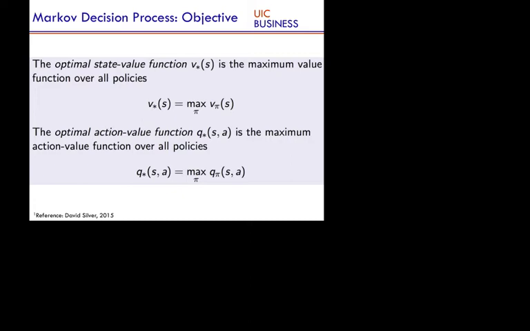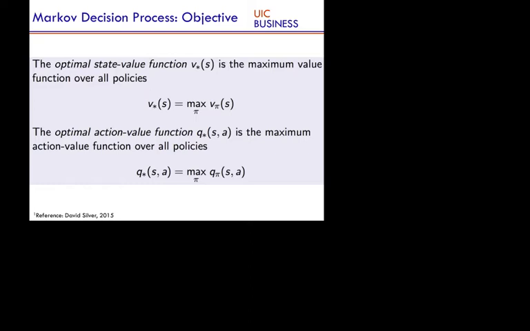Remember, V pi of s was just all the rewards that I was collecting starting from state s by applying my policy pi. Since I have to specify a pi, I have to tell you in every state what action you want to do. Can you maximize over all such prescriptions to figure out V star of s?